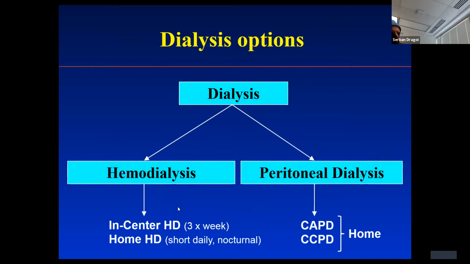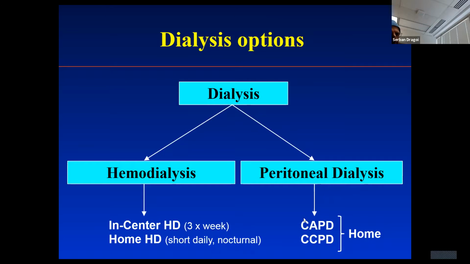Of course, hemo can be in-center, the conventional, as we call it, conventional HD 3 times a week, or home HD. Could be nocturnal, very powerful, done over 7 to 8 hours during sleep. Short daily, usually anywhere from 2.5 to 3.5, 4 hours of treatment, done up to 6 or even 7 days a week.